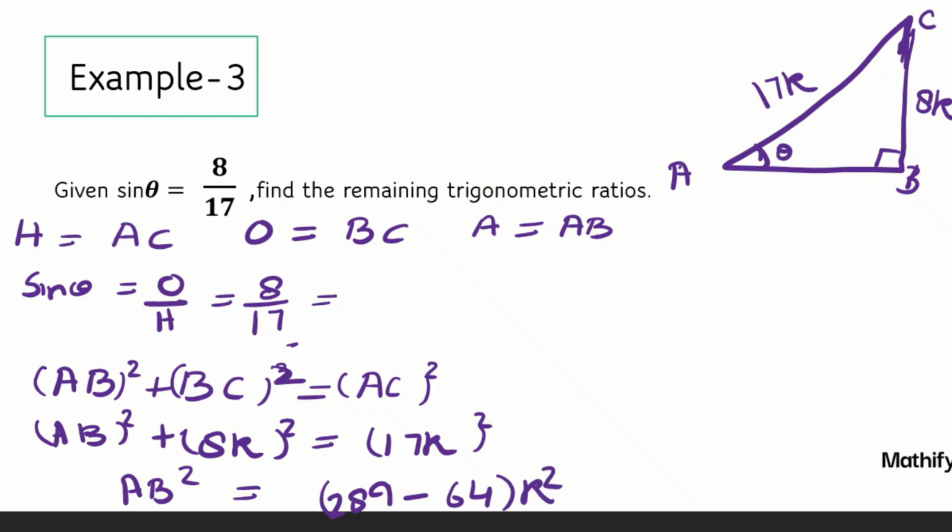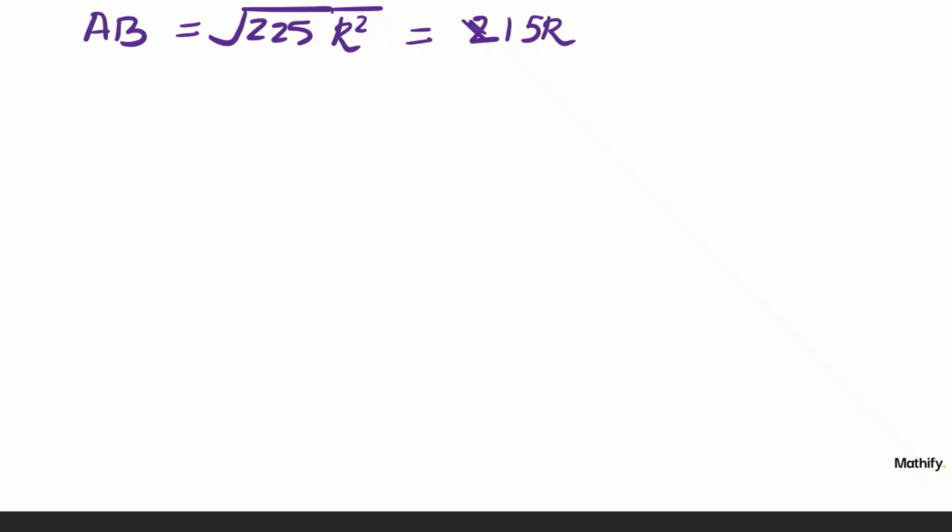Okay. So, when we subtract it, what do we get? 225K square. Since AB square is 225K square, AB will be equal to the square root of 225K square, that is 15K. Okay.